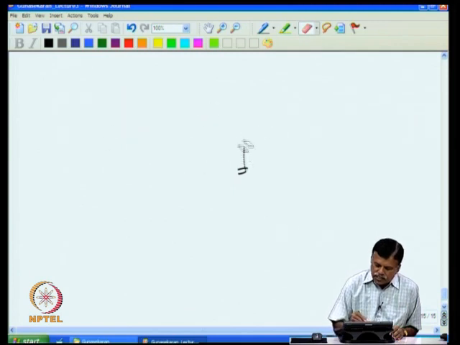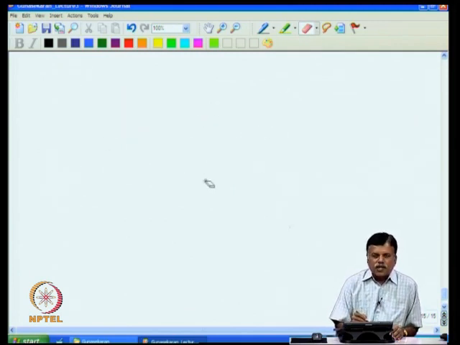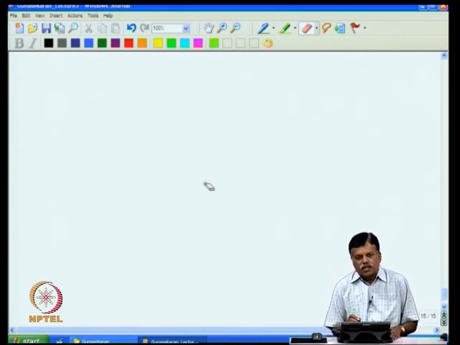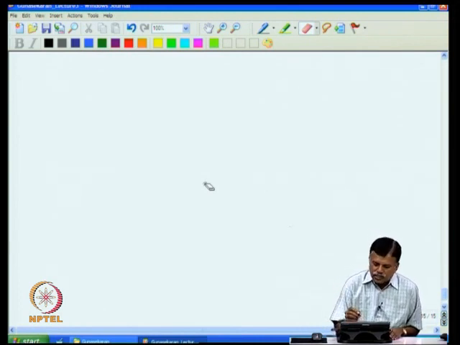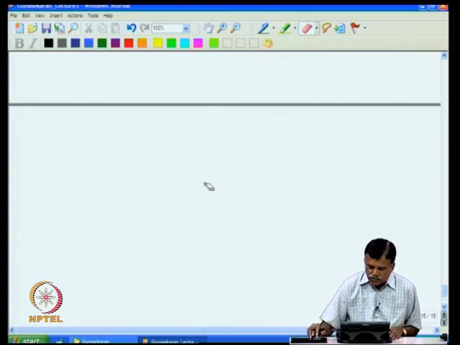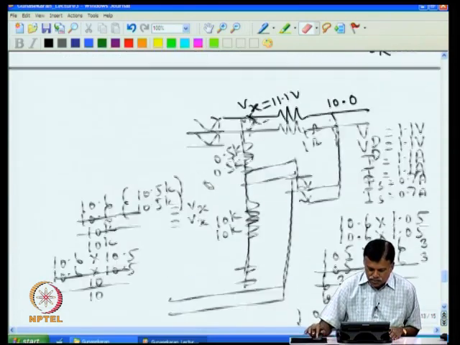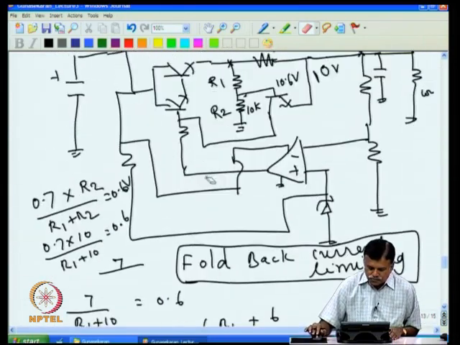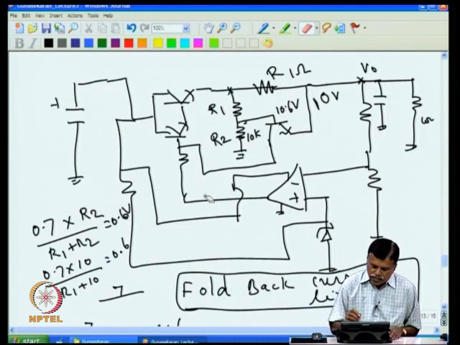For example, the circuit we have discussed so far will not work for 100 volt, because the op amp cannot give more than 15. If I see the circuit which we have discussed so far, the voltage at this point has to be more than the output voltage.